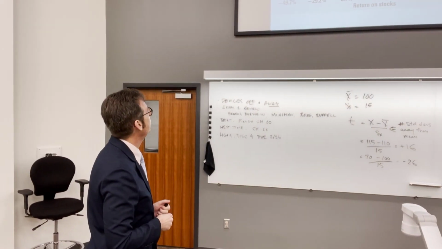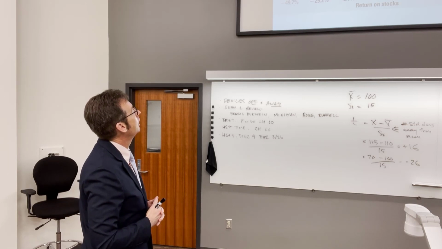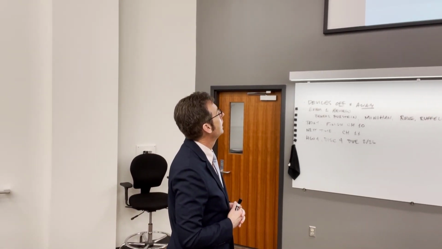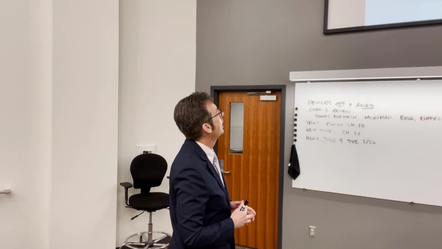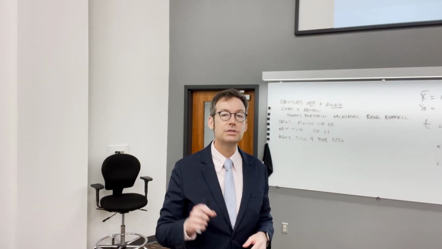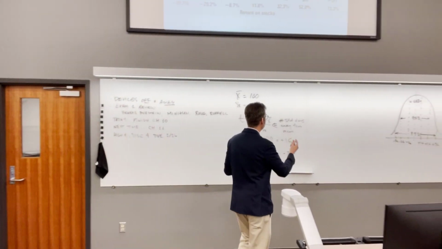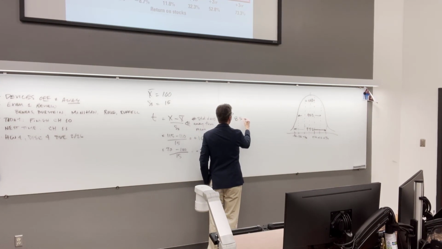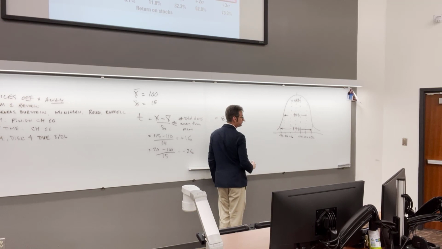Okay, now let's see. What if I ask you what proportion of people have an IQ that is not higher than 85? Well, the first thing I'm going to do is say 85 minus 100 divided by 15, that's going to be equal to what?